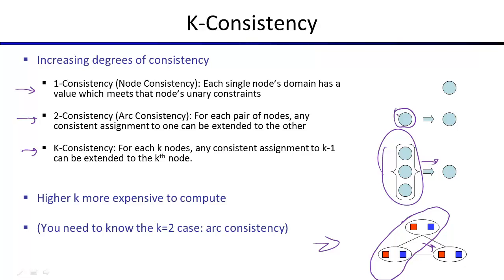How do you delete to enforce k-consistency? Say here for path consistency, for 3-consistency. Well, you would have to say, all right, red-blue is not an okay value for these 2 variables to take. And whenever you say that there are pairs of values on a pair of variables that are okay or not okay, what's that? That's a constraint. So if you want to enforce 3-consistency, you end up with limitations on pairs of variables.